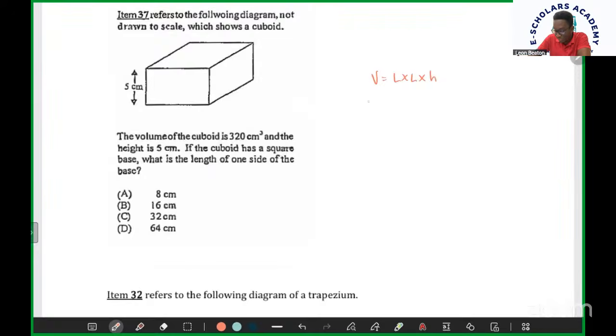They gave us the volume as 320. So length times length, we can say that is L squared times the height, which is 5 in this case. Now we have to solve for L squared.